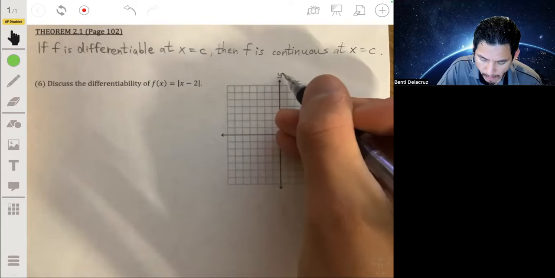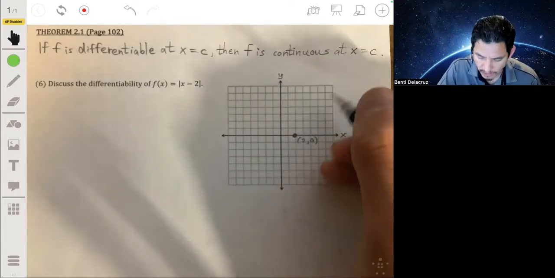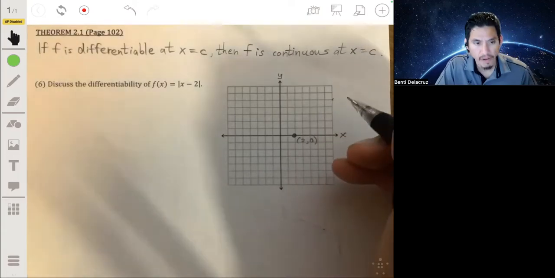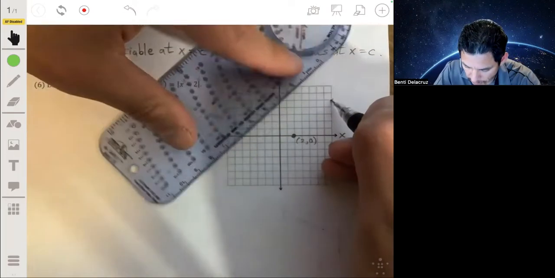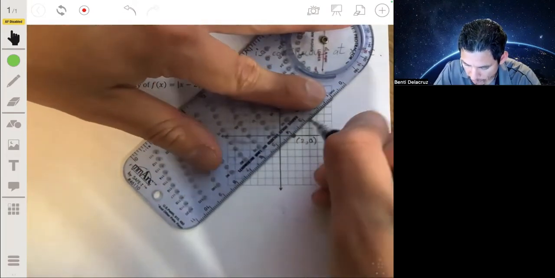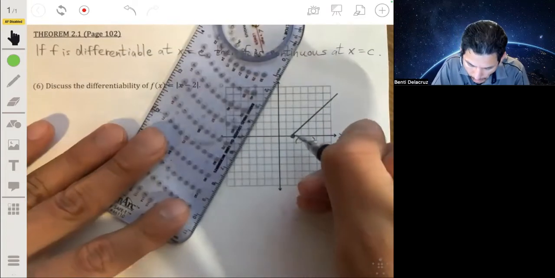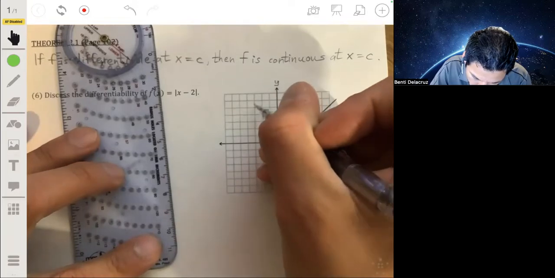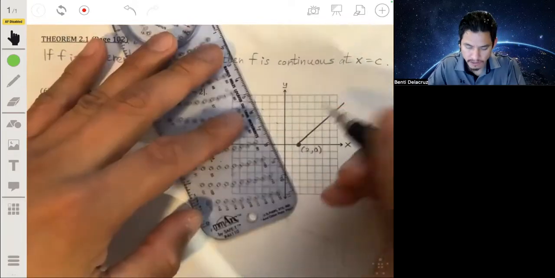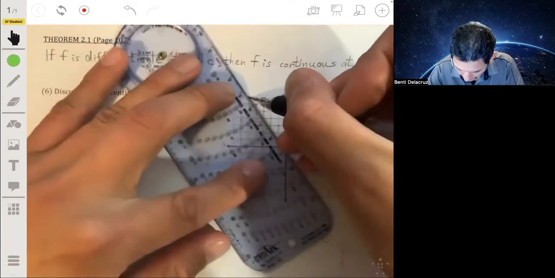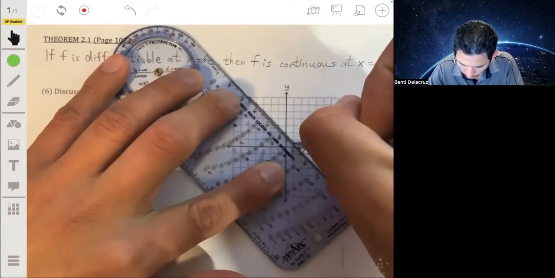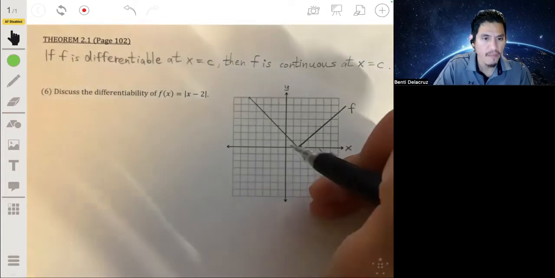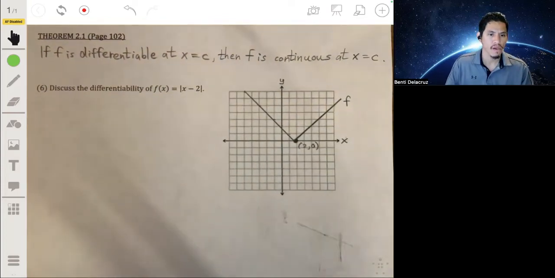On the right side, it has a slope of 1, so it's going to look like a V going like that, and on the other side, it's going to do this sort of action.